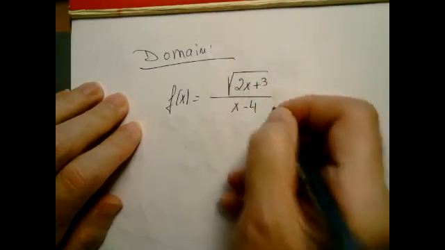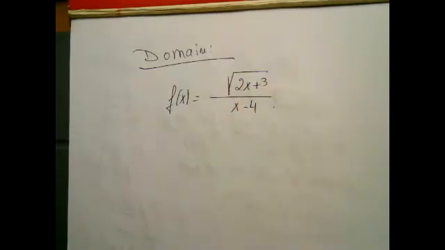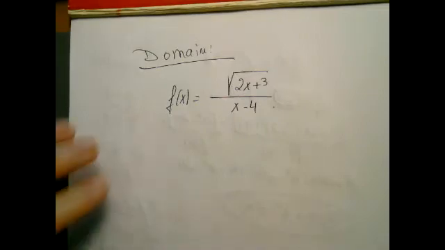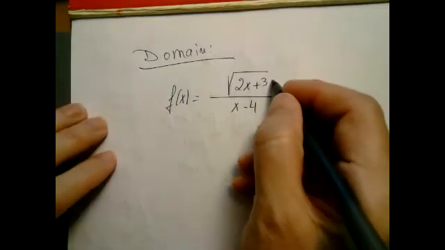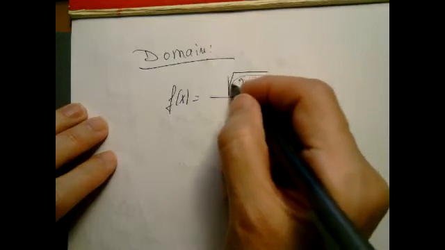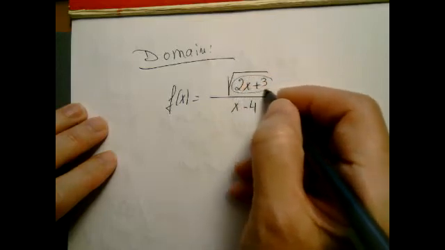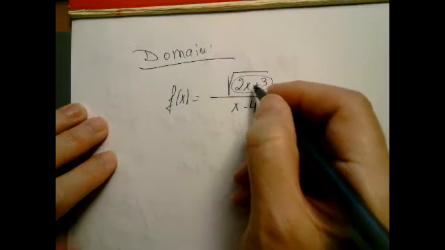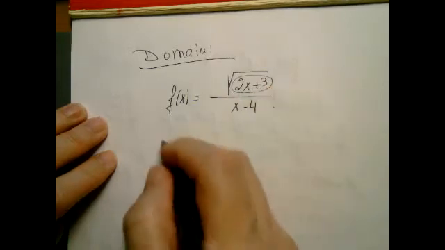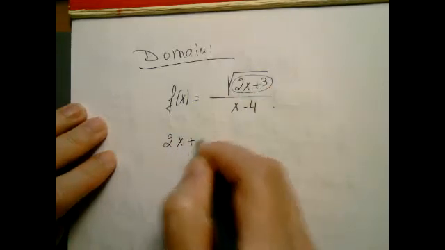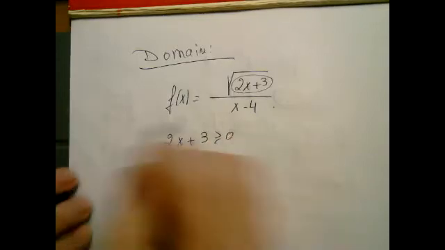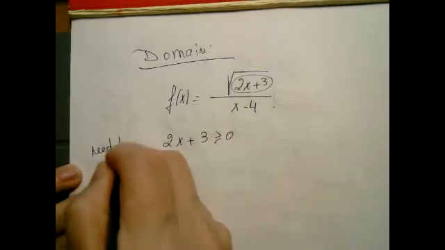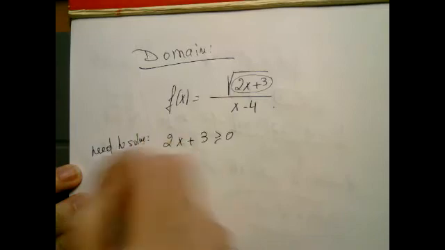Over x minus 4. Okay, so what is the domain here? Very good. What do we need? The minute you see a square root, the function makes sense if the term under the square root is positive. So we need basically to solve this.